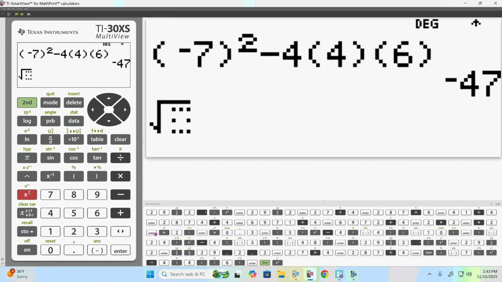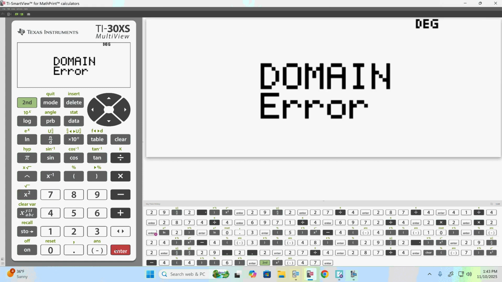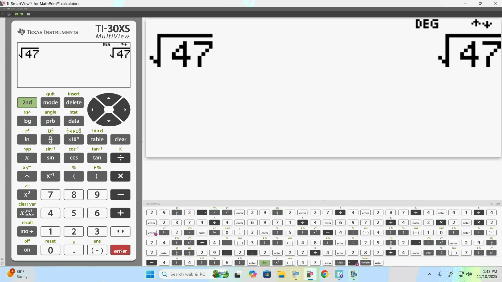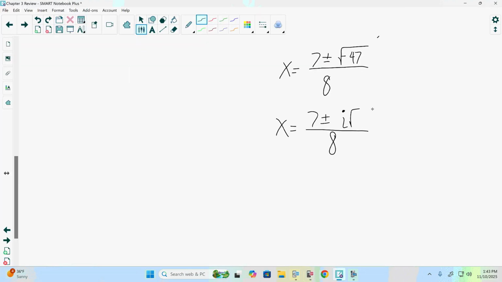The graphing calculator will take the square root of negative 47, but most likely it's going to give us a decimal if it doesn't simplify nicely. The 30xs will not take the square root of negative 47, but at this point we're really just taking the square root of 47, because the negative came out as i. We're trying to see if the square root of 47 reduces. Lo and behold, it does not.